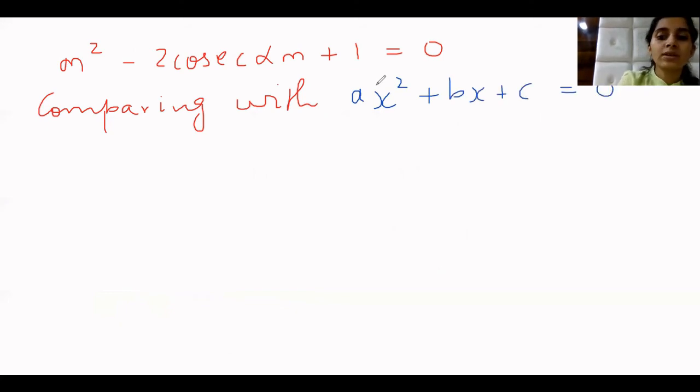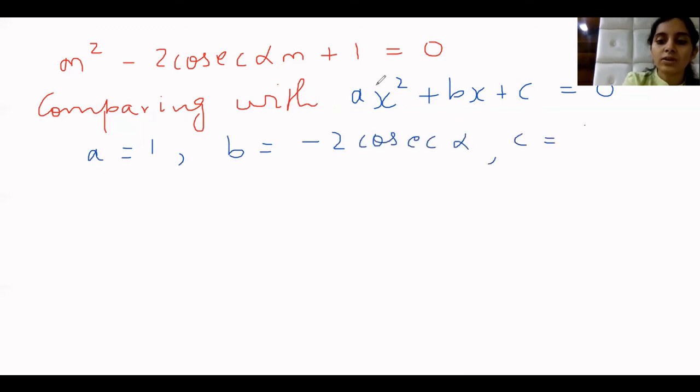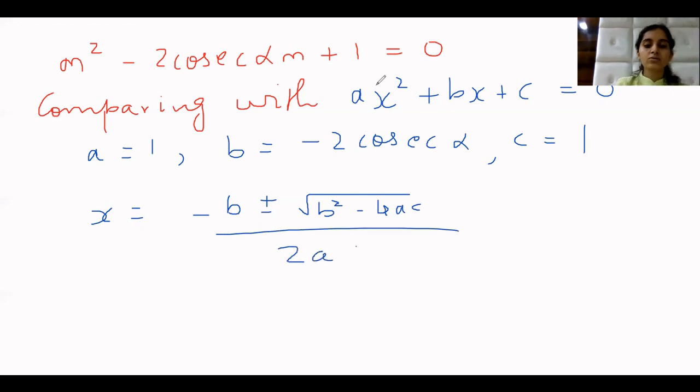Okay, so this is a quadratic in x, this is a quadratic in m. a is equal to 1, b is equal to minus 2 cosec alpha, and c is equal to 1. Now roots of this quadratic ax square plus bx plus c are given by x equal to minus b plus minus under root of b square minus 4ac upon 2a. Okay, this is how the roots are given.